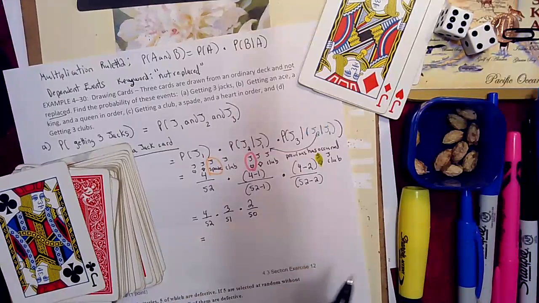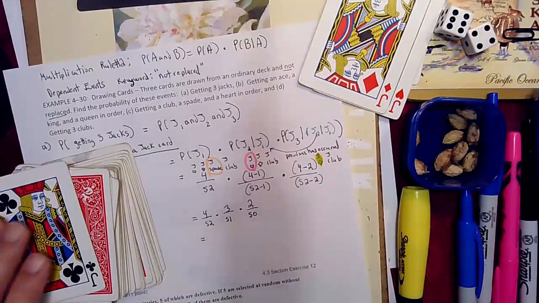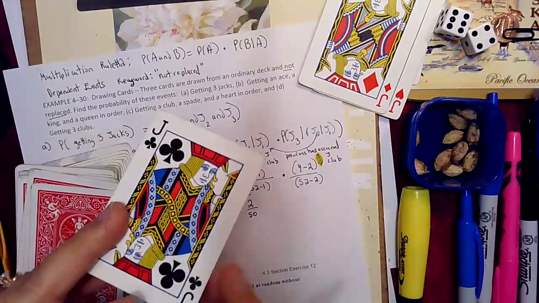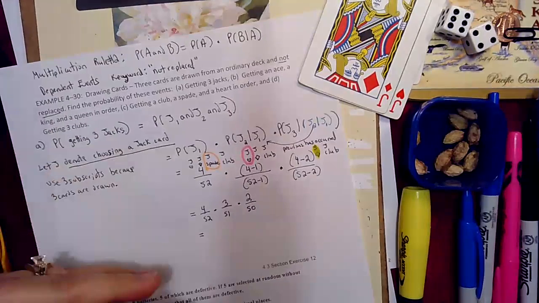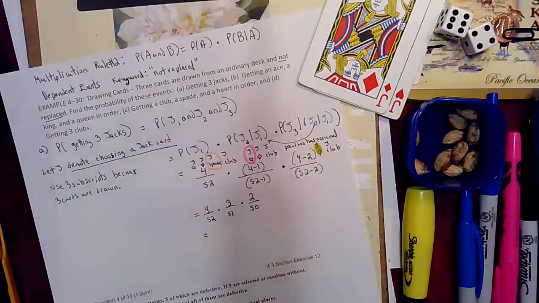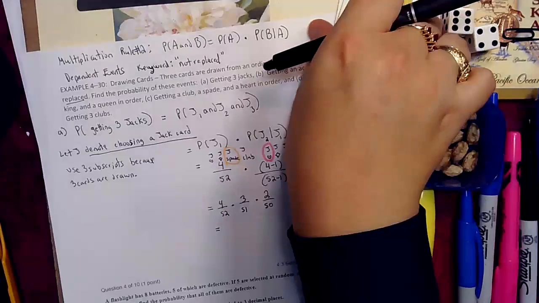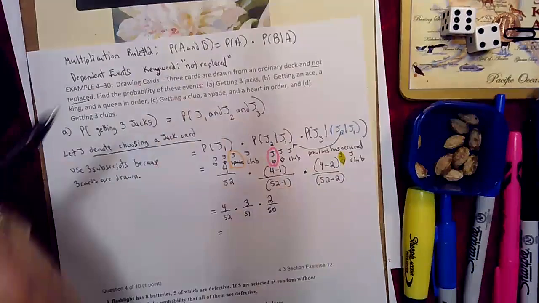I know you have one more jack lurking around, but there's no need to worry about pulling it out, because they only said you were going to pull out 3, not 4 cards.